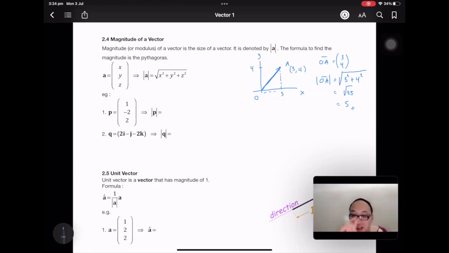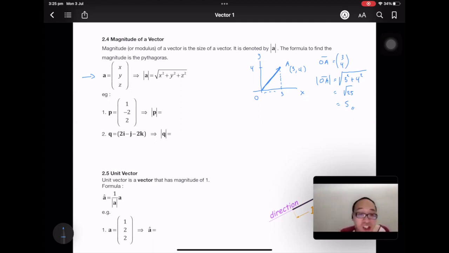The magnitude of vector OA here is equal to 5. From this example, you can see that the magnitude of a vector is the Pythagorean length from the x and y coordinates. So the formula for finding the magnitude of a vector is just the Pythagorean theorem.